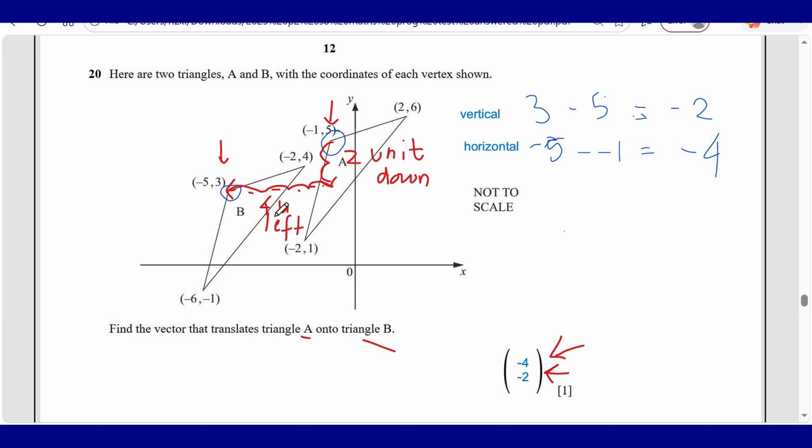That's how we got -4 and -2. Or by subtraction: 3 minus 5 is -2, and -5 minus -1 is -5 plus 1, which is -4. So that's how we got the answer. Okay guys, let's move on.